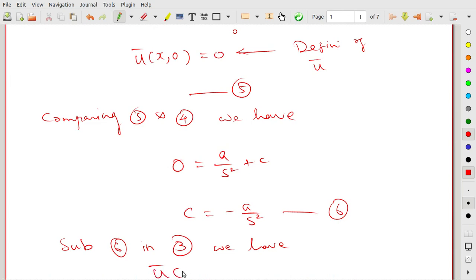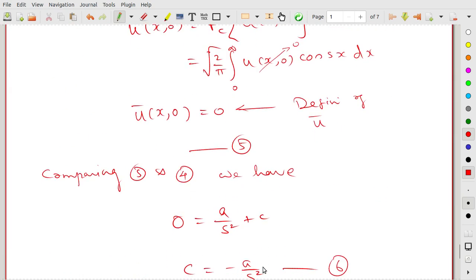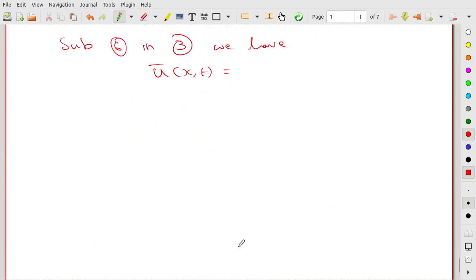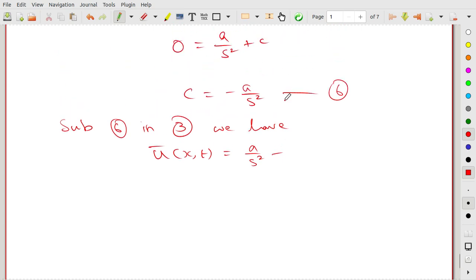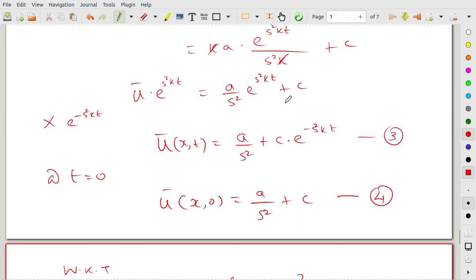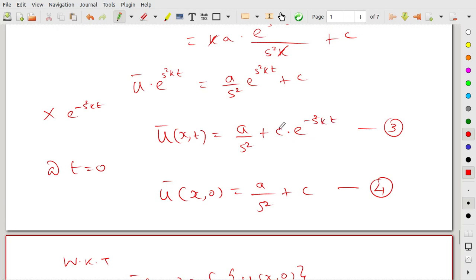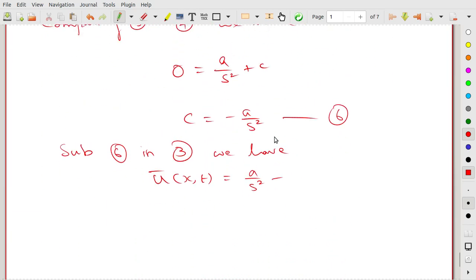our u bar of x comma t equals a by s square. So we can take this a by s square outside. We have a by s square plus c times e power minus s square kt. Instead of c we can put minus a by s square, therefore we have minus a by s square into e power minus s square kt.